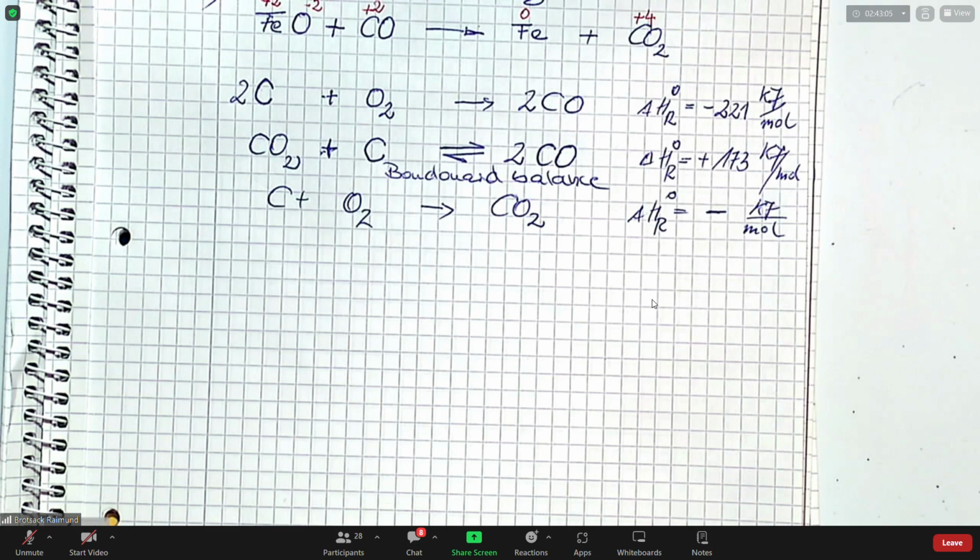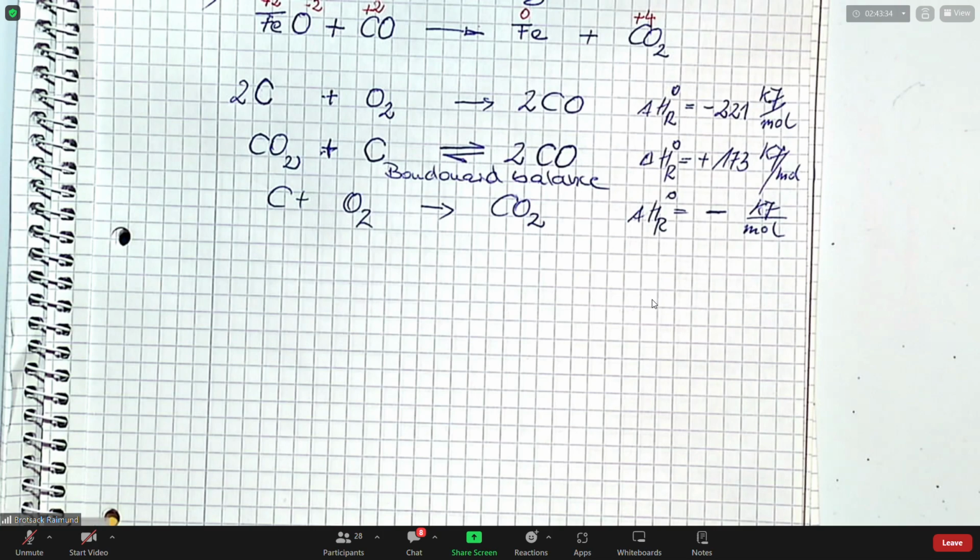First of all, we need the CO for the reduction of the iron oxide. But you have to be careful. Carbon monoxide is not healthy. It's poisoning, because if you inhale it, you die. The concentration of CO must be below 30 parts per million in the atmosphere to be safe.